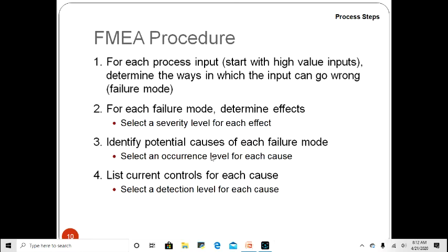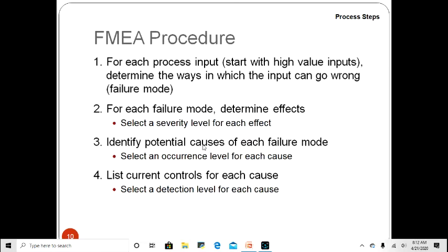Okay, and what may be the potential causes for this failure mode? Okay, so what are the causes? You will be listing out what are the causes. There can be more than one cause for some failure, so you'll be listing out. List current controls for each cause. Okay, so you are detecting what are the reasons for some cause.